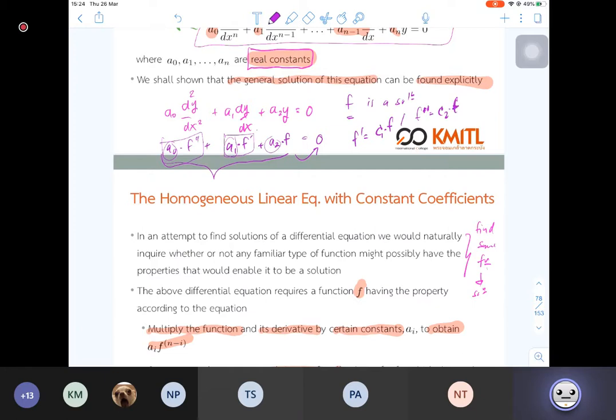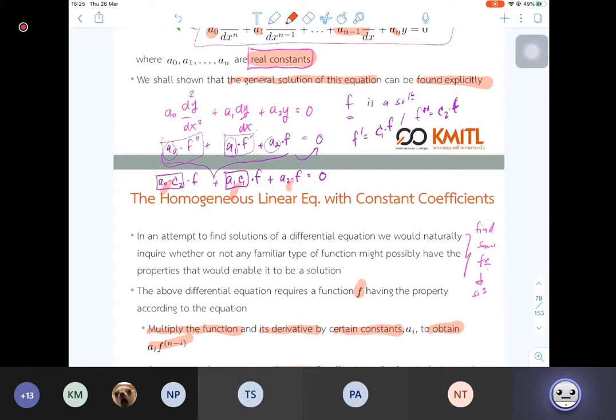If this is the case, when we plug it in, you're going to have a sub 0 times c2, which is actually a constant, times f, plus a sub 1 times c1, some constant, times f, plus a sub 2 times f equal to 0, right? So the thing here is that we're going to need to find the right coefficients such that these combinations get you to 0, right?